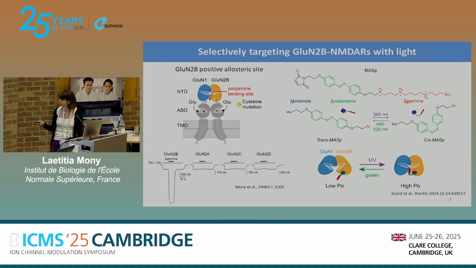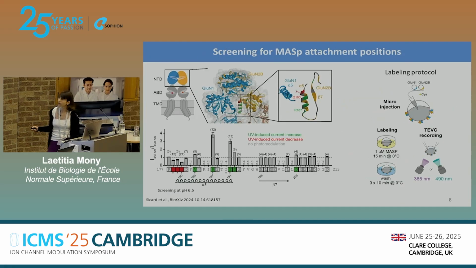So for this, we screened a lot of attachment positions of MASP onto the GluN2B subunit. We mutated one by one all the residues of the polyamine binding site on the GluN2B subunit into a cysteine.